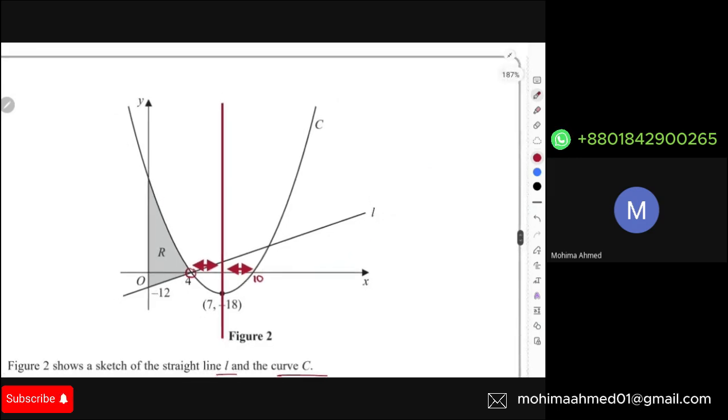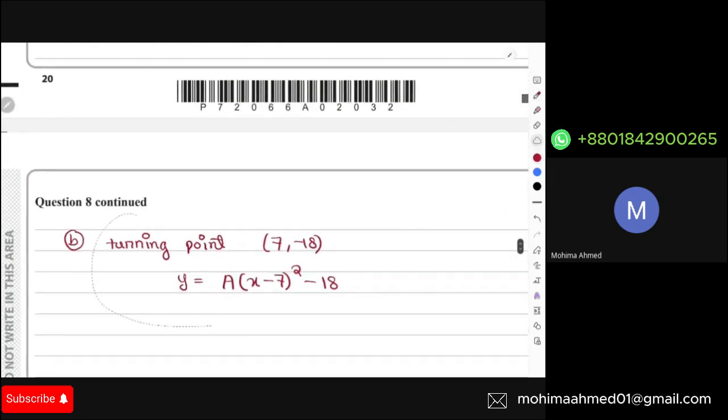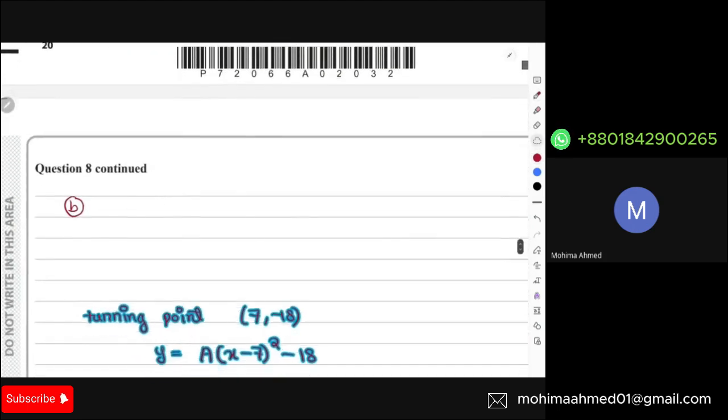So you just have to use symmetry here to find out the other critical point where the graph intersects with the x-axis. For part B, you don't actually need to do this. Maybe it will be required for your part C or something.